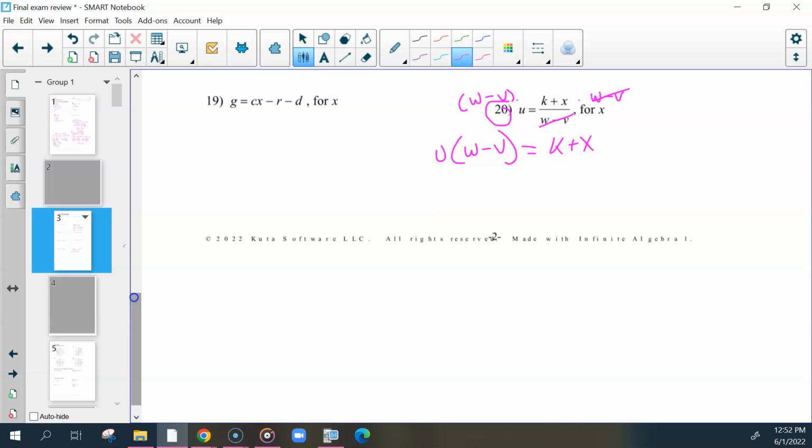Then if we're trying to get x by itself, we need to move k to the other side by subtracting. When we do that, none of these are like terms, so I can just rewrite this as u times w minus v minus k. Or I could distribute the u and have uw minus uv minus k equals x.